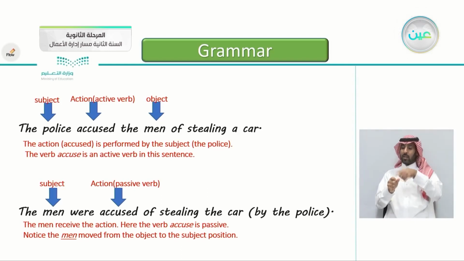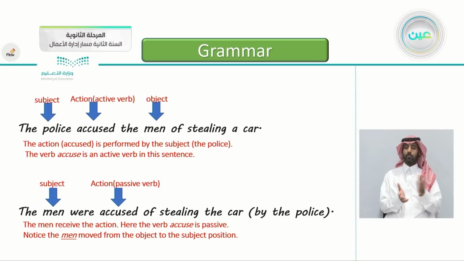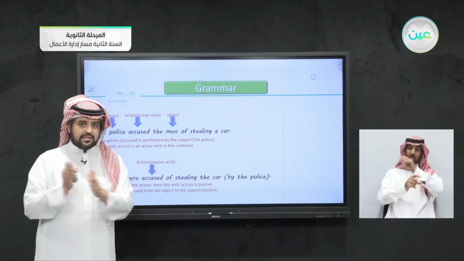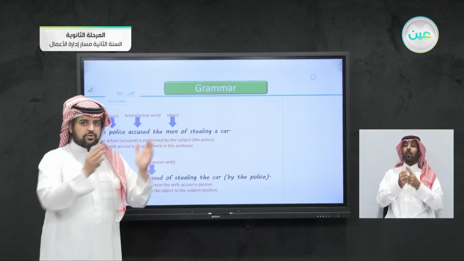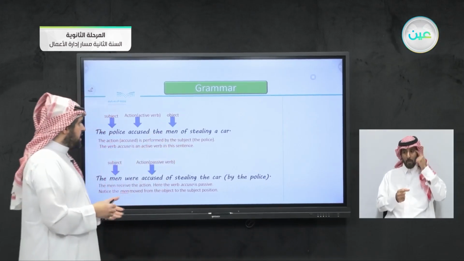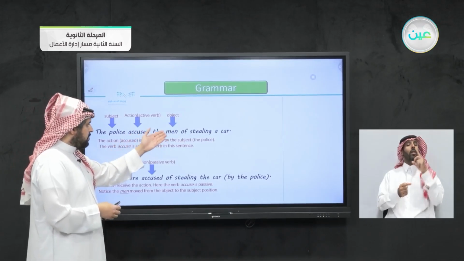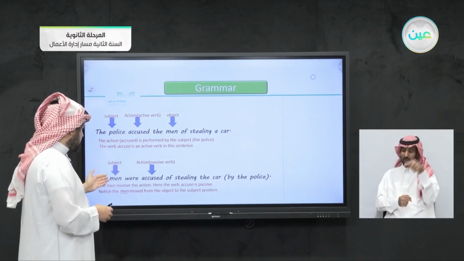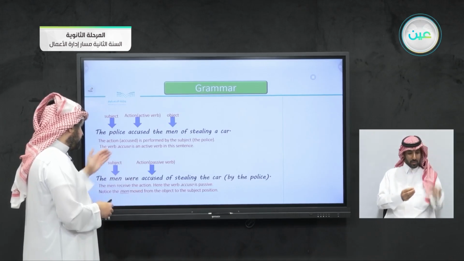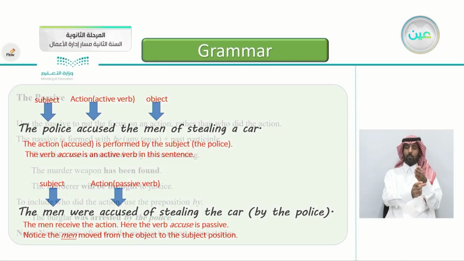It changed from the object position after the verb to the subject position before the verb. So you can notice from this example how to change the order of the sentence from active to passive. Mainly, you change the object from the object position to the subject position before the verb.